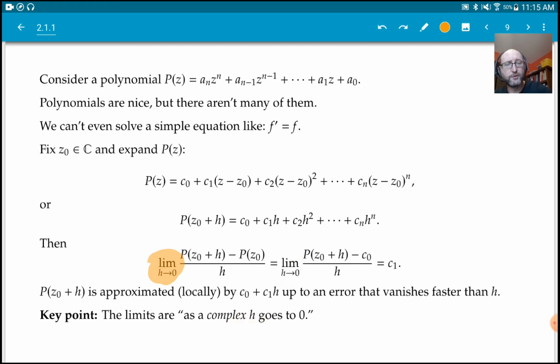That's a very key point here. h is not some real number or some purely imaginary number. It's any complex number, right? So it can approach 0 in any old way. So if you have a limit existing, that's stronger than saying just for real h, right? Much stronger.